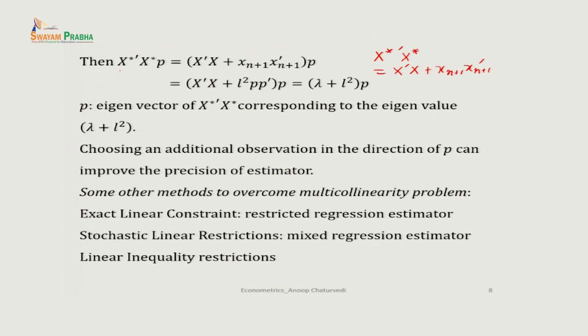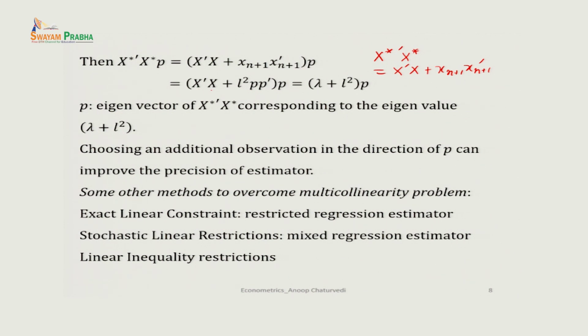Therefore, x star transpose x star p is equal to x transpose x plus x n plus 1 x n plus 1 transpose p, or we take x n plus 1 equal to L p. So, you obtain x transpose x plus L p into L p transpose, or L square p p transpose into p.